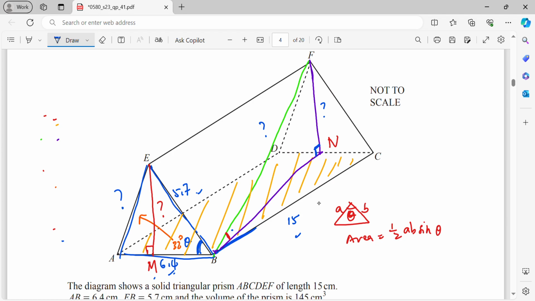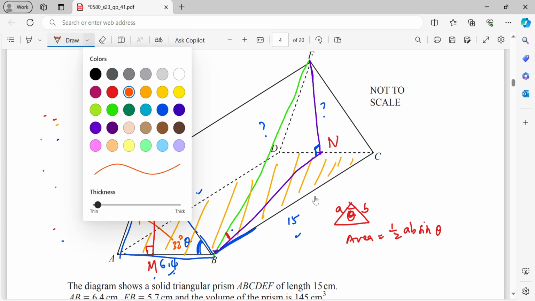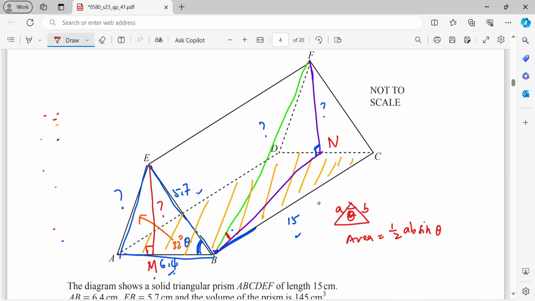For your information, we have just solved EM. EM is found. This EM is the height of the triangle to the midpoint of AB. The AB is parallel to DC, which means this N is basically the same as the M here.